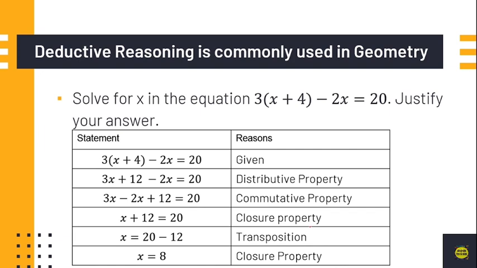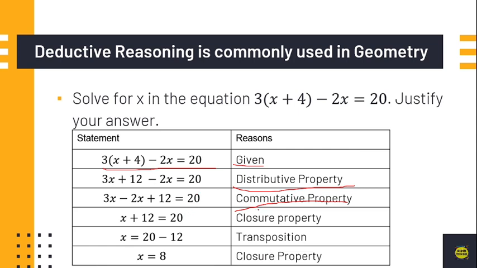It is commonly used in geometry. These are our general statements, or generalizations, and this is a specific example. Given: 3 times the quantity x plus 4 minus 2x equals 20. Using the distributive property, a general statement or generalization, we distribute 3 times x, 3 times 4, negative 2x, bring down is equal to 20.